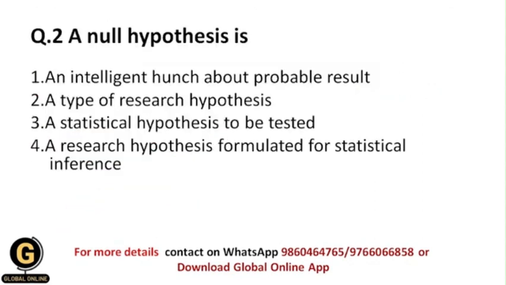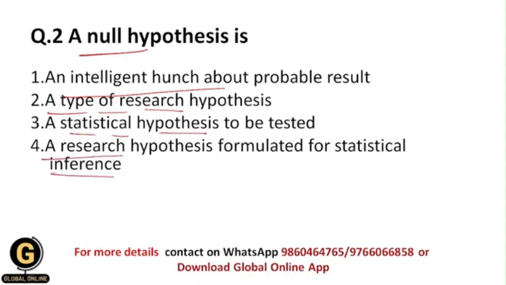Next, a null hypothesis is, now what is the definition of null hypothesis? Whether it is an intelligent hunch about probable result, or it is a type of research hypothesis, or it is a statistical hypothesis to be tested, or it is a research hypothesis formulated for a statistical inference.